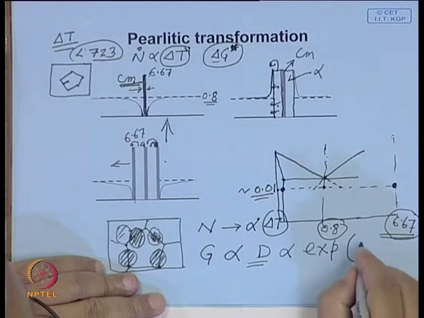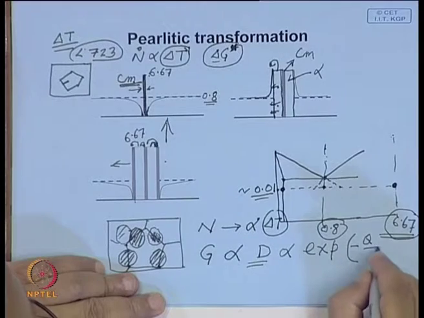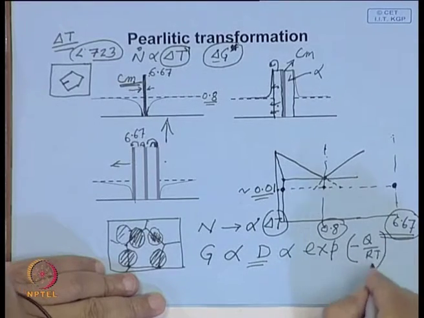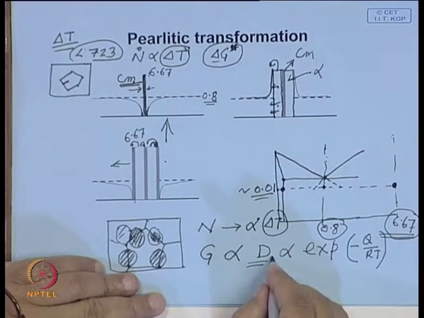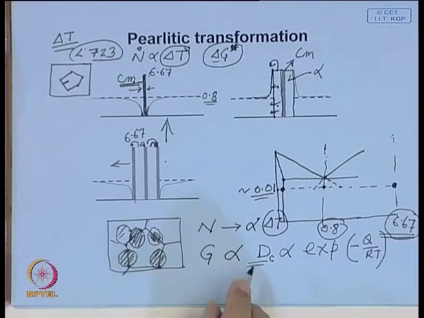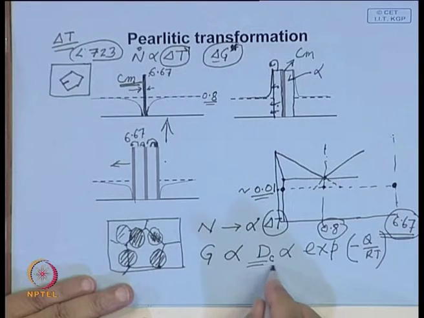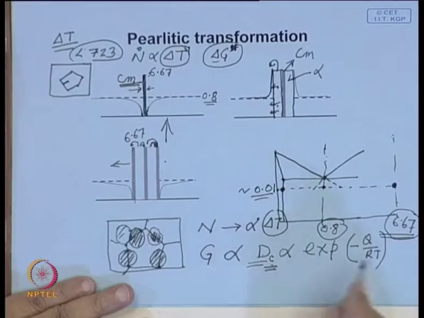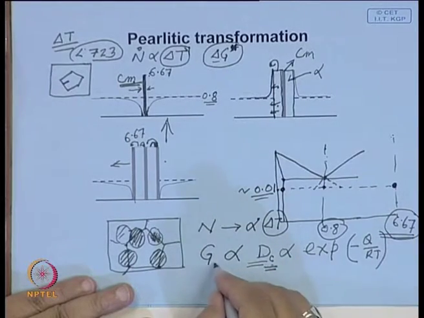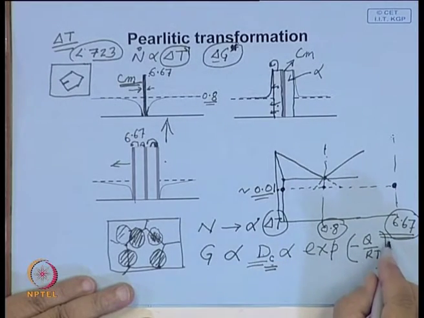Say activation energy, say this is Q over RT. So, this will depend on the diffusivity of the carbon atom, which, being an interstitial atom, can diffuse much faster.